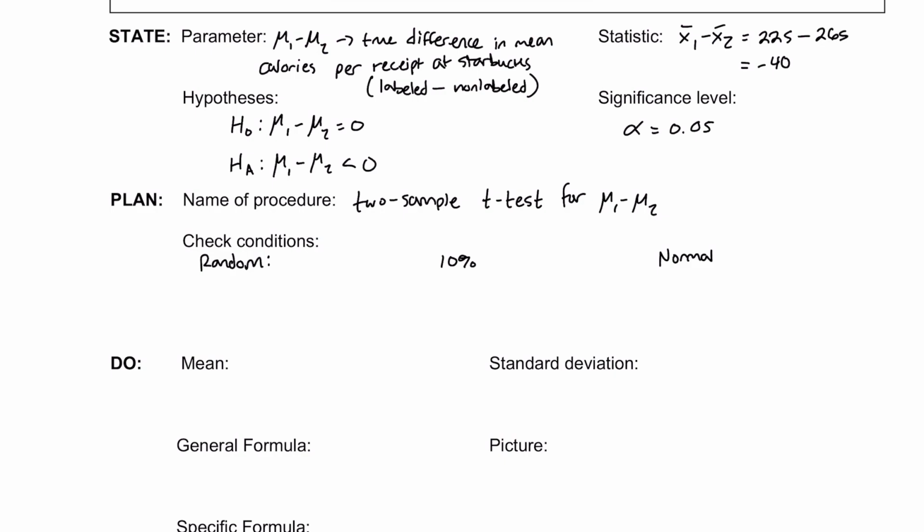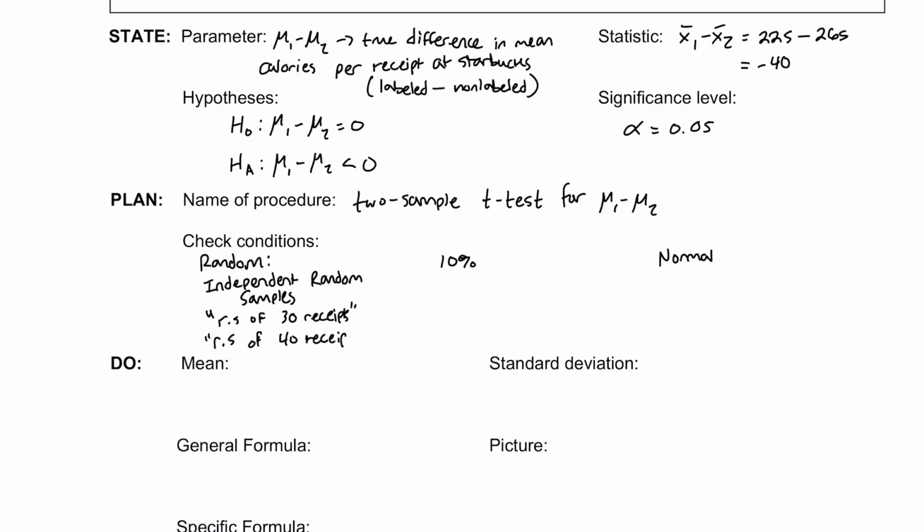So remember that because this is a two-sample test, you have to check the conditions for both samples. So in the little blurb above here, we know that we do have independent random samples, because in the problem it says we took a random sample of 30 receipts at first, and we took a random sample of 40 receipts.